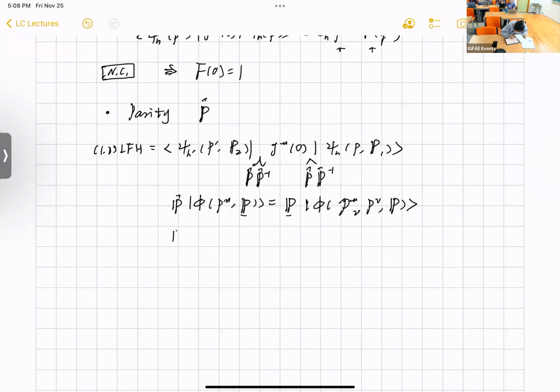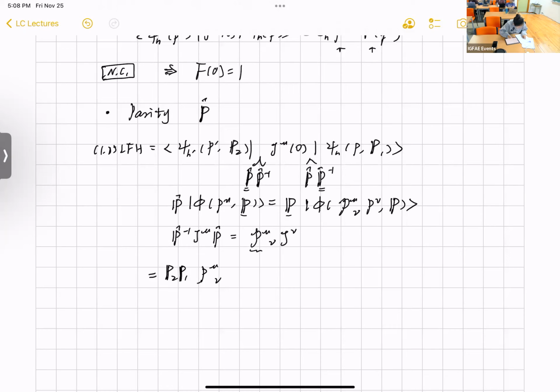And what the parity operator did to a vector G mu is it will make the transformation of the G mu also. So if we put this all together, the parity operator on the initial and final state will drag out the parity of the initial and final meson, and then the action on the G mu.